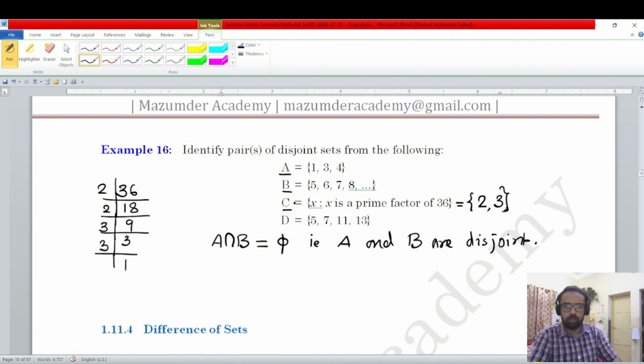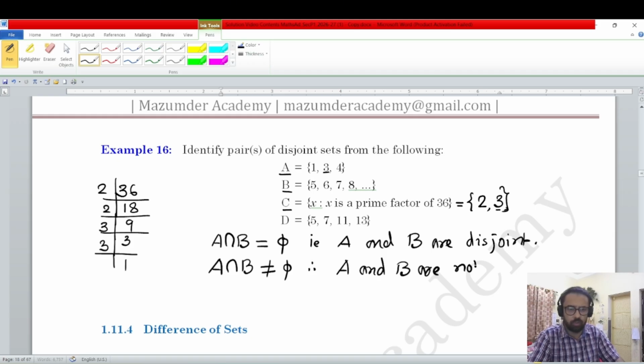Next, what about A and C? Look, A and C are not disjoint because 3 is common. So A intersection C is not equal to phi, so A and C are not disjoint sets.